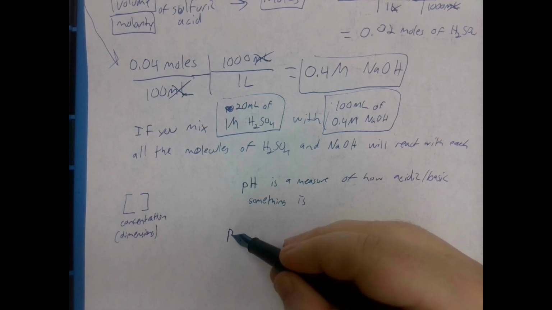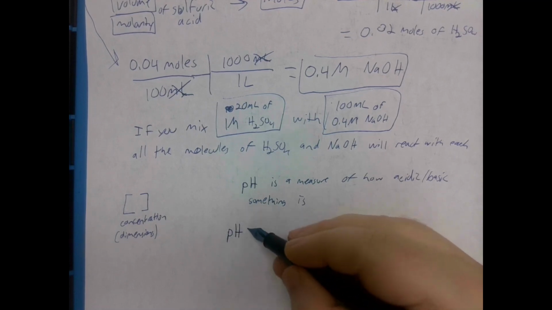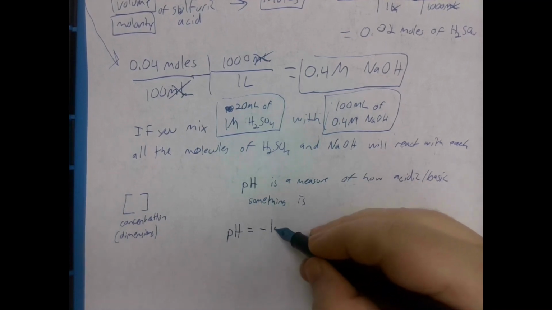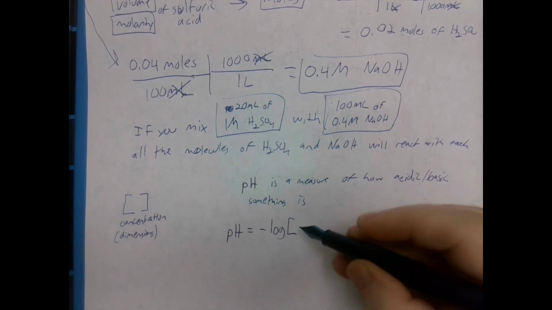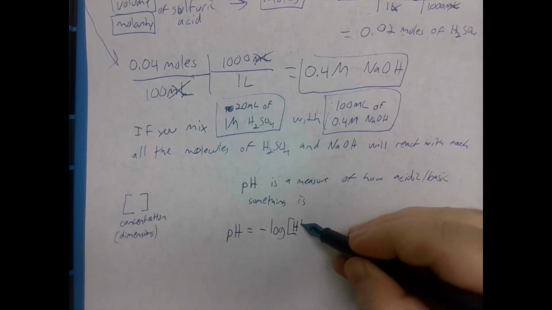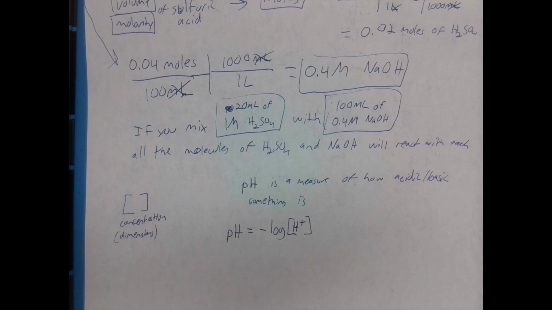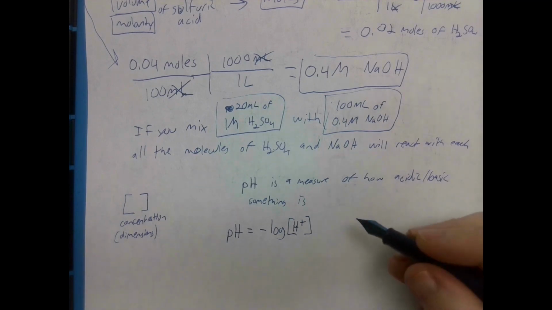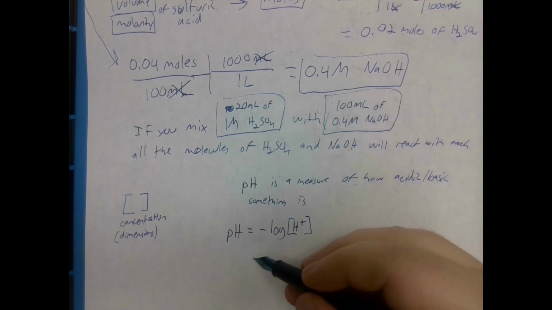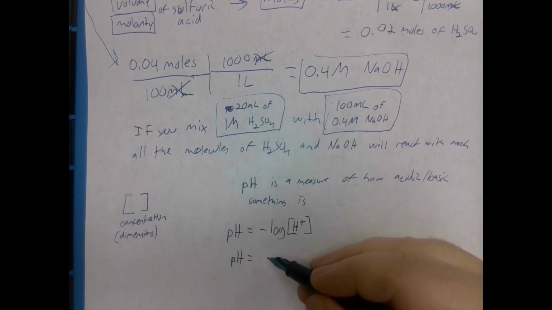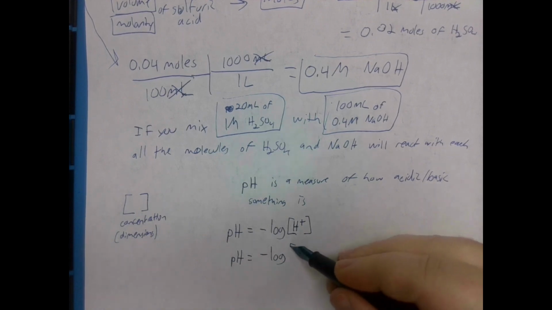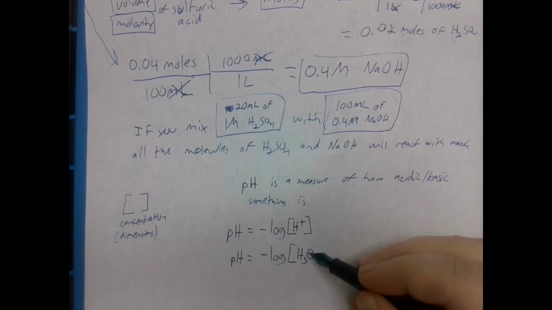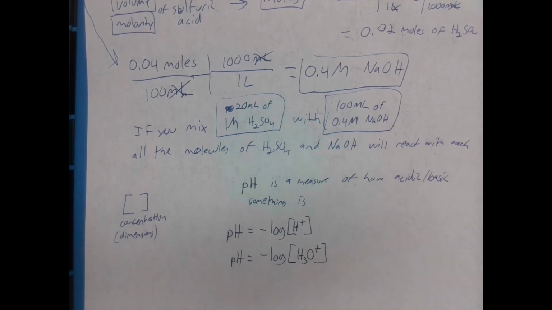So pH is equal to the negative log of the concentration of H plus ions. More accurately, pH is equal to the negative log of H3O plus ions, but we'll get to pH later.